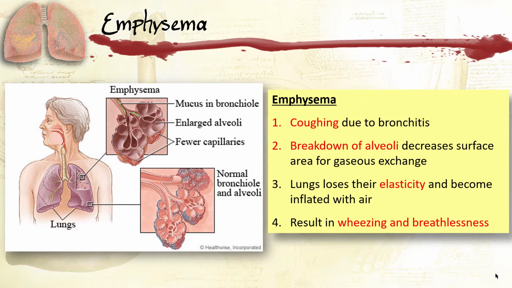Therefore, we will start wheezing or appear breathless. So the sequence of developing the disease is important here. First, chronic bronchitis, then emphysema. Someone with emphysema will have a reduced ability to take in oxygen because of the decrease in surface area of our alveoli.